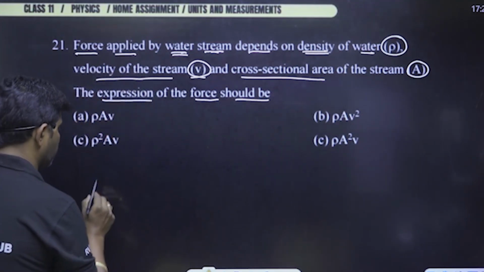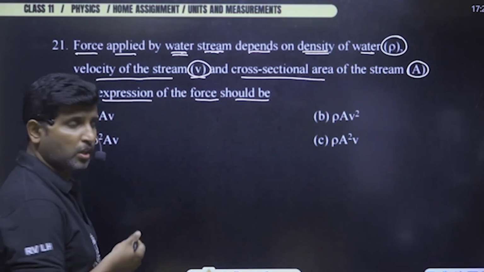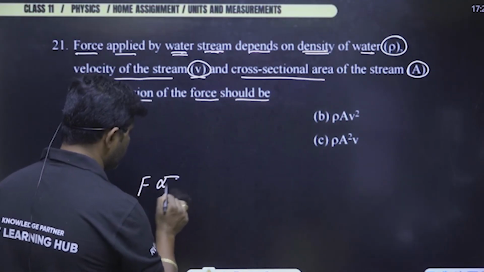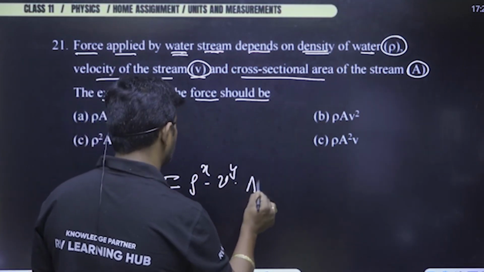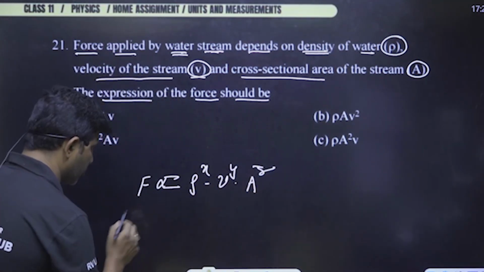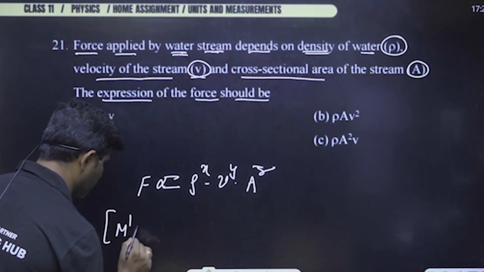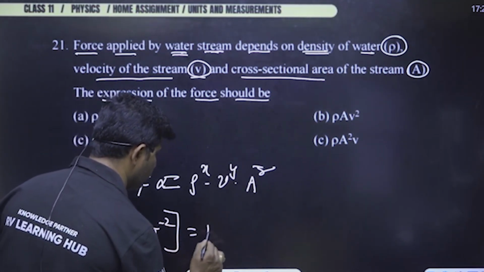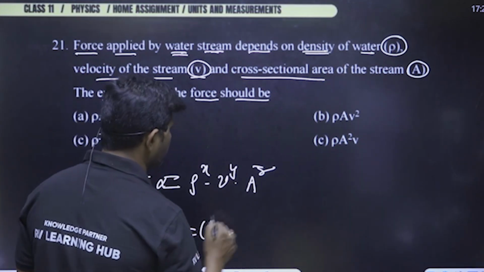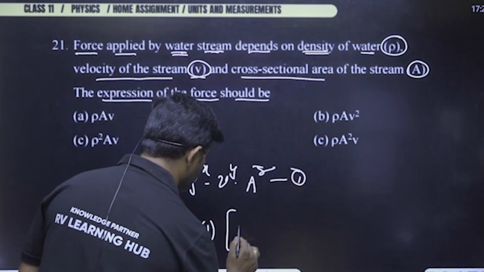So how can you simplify? See here, by using dimensional analysis, we can say that F is proportional to rho to the power of x, v to the power of y, A to the power of z. So just substitute the dimensional formulas here. M power 1, L power 1, T power minus 2 is equal to 1 into rho to the power of, rho means we can say, L to the power of 1.